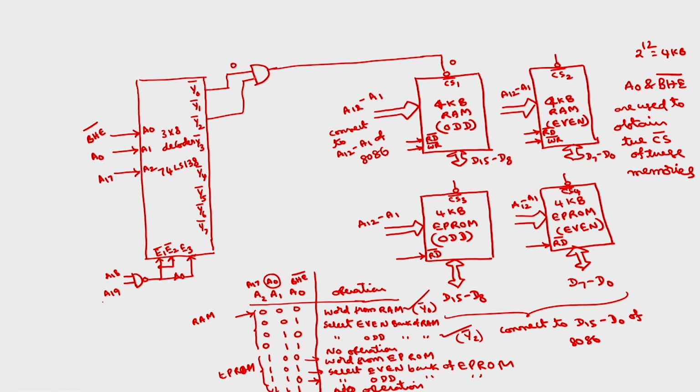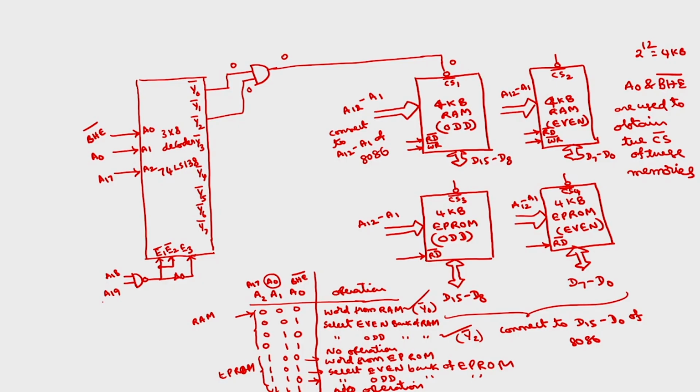So if Y0 bar is 0, output is 0. If only Y2 bar is 0, output is 0. If both are 0 also, output is 0. Okay. So if both are 1s, then output is 1. Okay. So in order to select this odd bank of the RAM, either Y0 bar should be 0 or Y2 bar should be 0 or both should be zeros. Okay. In any case, chip select is selected. So this is how we can derive the expression for chip select of the first odd RAM bank.